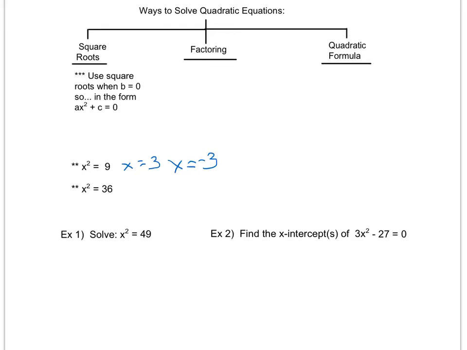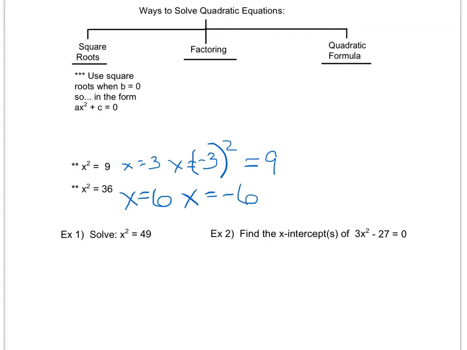Remember, because we always plug in with parentheses, negative 3 in parentheses squared is negative 3 times negative 3, or positive 9. Same thing with 36. If I asked you what number squared gives me 36, hopefully you would say 6, but then hopefully you would also say negative 6 can also give me 36 when squared.